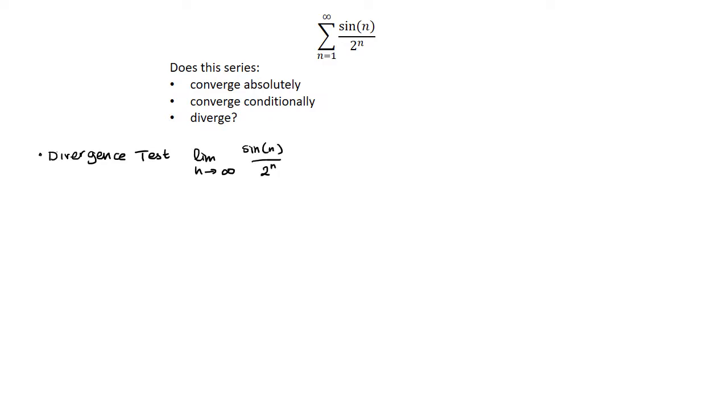We know sine of n lives between -1 and 1, so it's not going to be very big. And as n goes to infinity, 2 to the n goes off to infinity. So the limit is equal to 0.